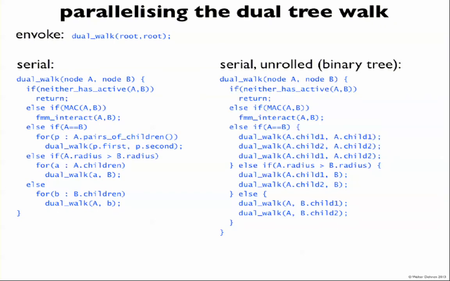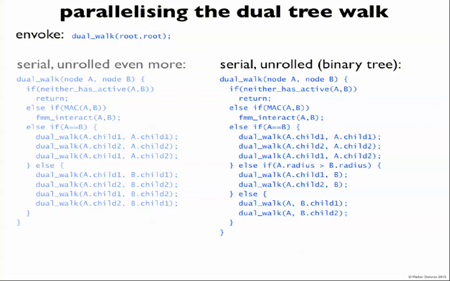Here, in order to parallelize, we have to unroll this. So what I unroll essentially is this loop. Now, in order to make it simple, I assume a binary tree, so there are only at most 2 children. So we can walk child 1 with itself, child 2 with itself, and the interaction between the 2 children. In order to use this block thing, we have to unroll it again.